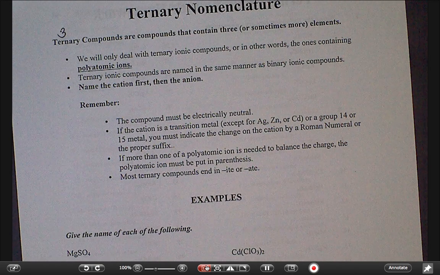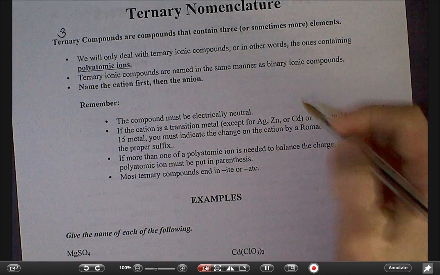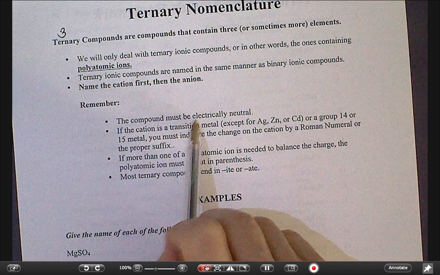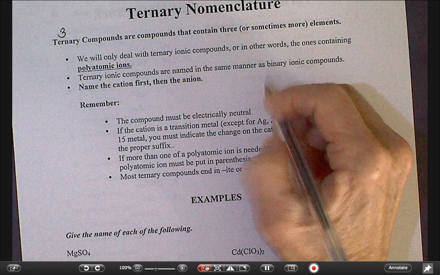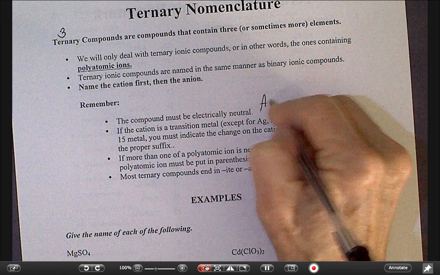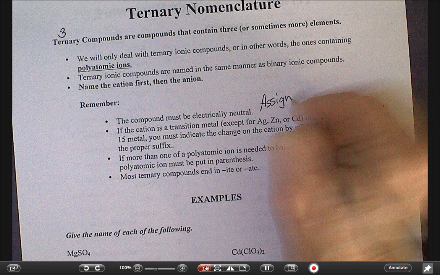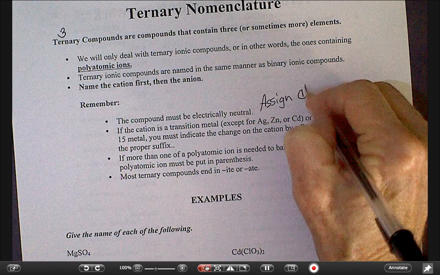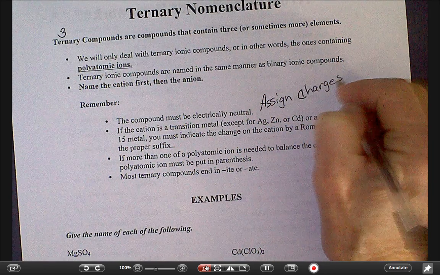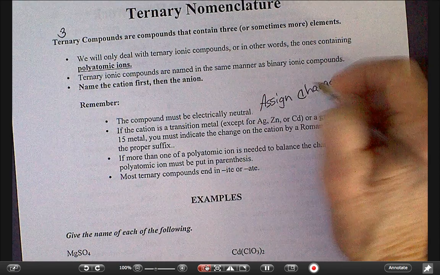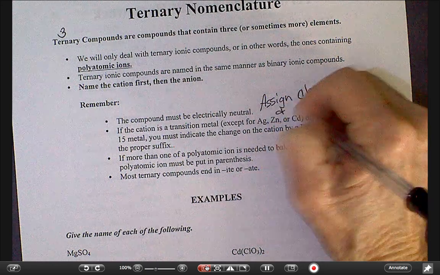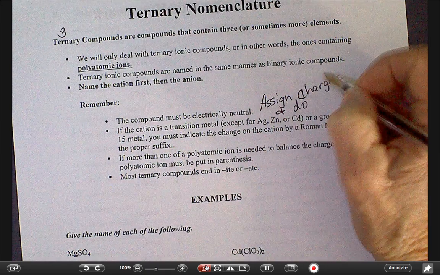Now then, the compound must be what? That means we assign charges and do what? What was the purpose of assigning charges, and then what did we do with those numbers? I heard it.